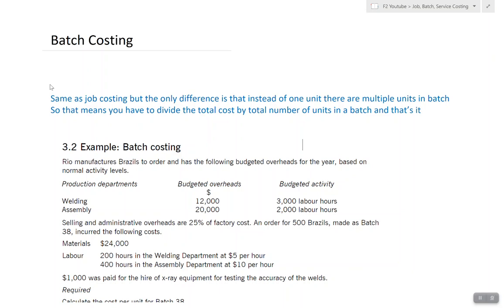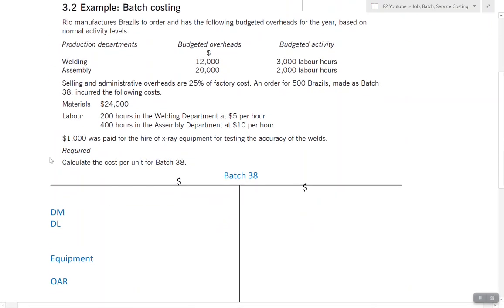In batch costing, many units are given. So we will do the same thing as we did in job costing in terms of calculating cost. The only thing that we will do at the end is take total cost divided by total number of units, it will give us cost per unit. Simple as that.